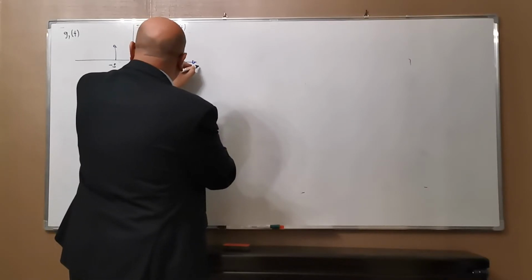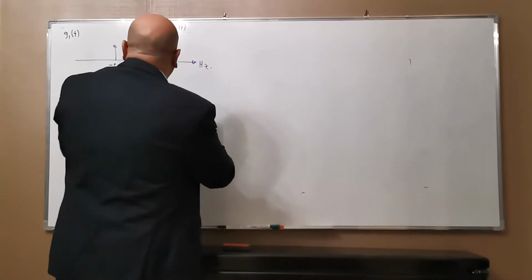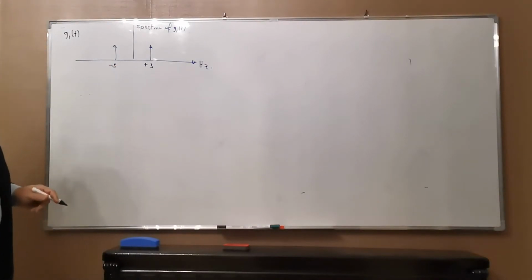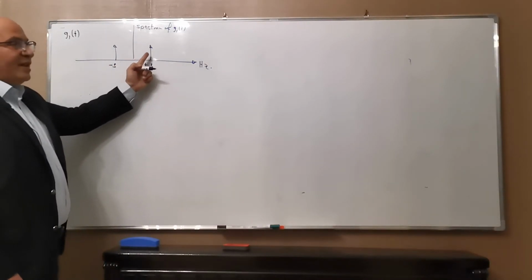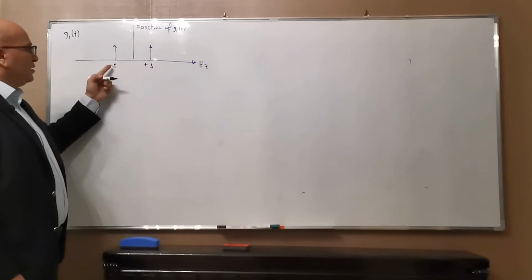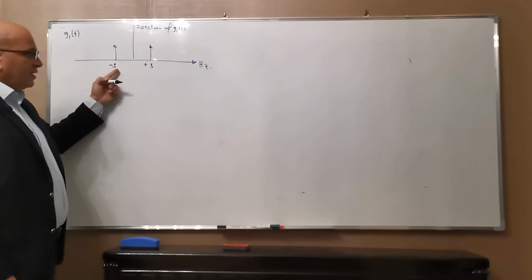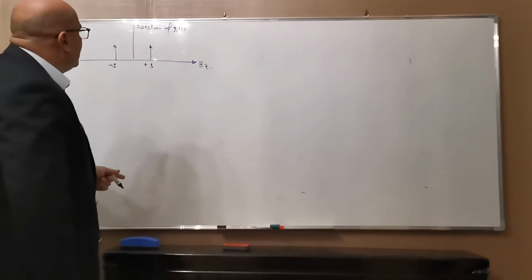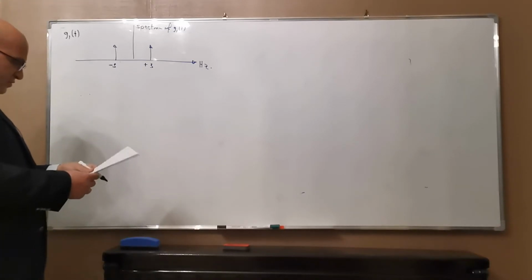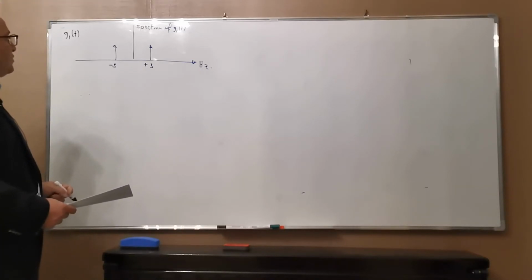Don't worry about the amplitude for the time being, just notice the location of the spectrum. So you have an impulse at +3 and another impulse at -3. This is done by taking the Fourier transform of G1 of t.